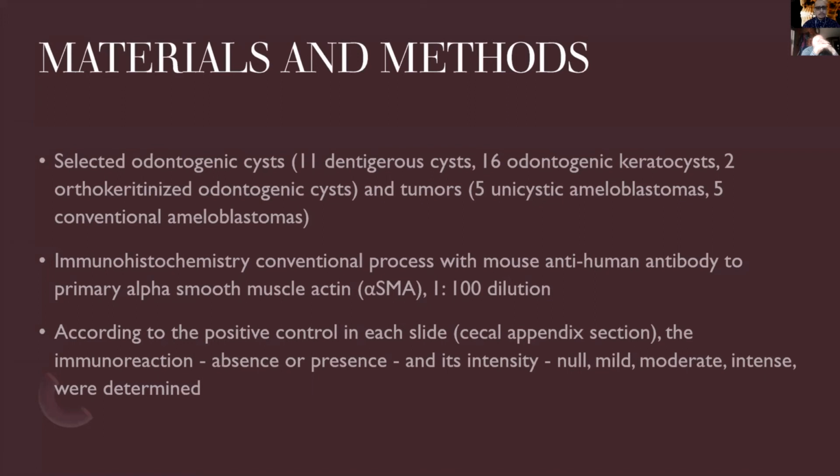They were all prepared by the conventional process for immunohistochemistry for immunoreaction to SMA. According to the positive control in each slide, which was cecal appendix, the immunoreactions and the intensity were determined.